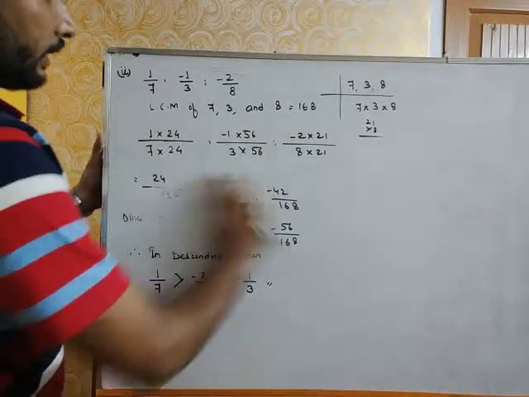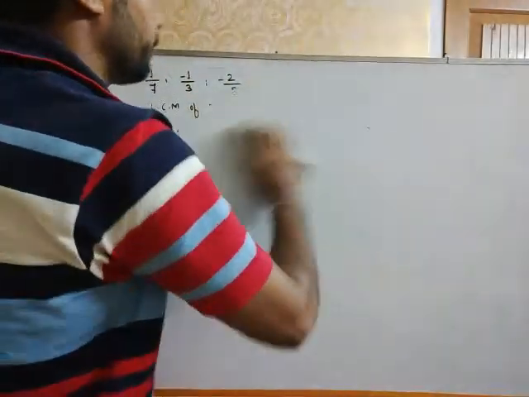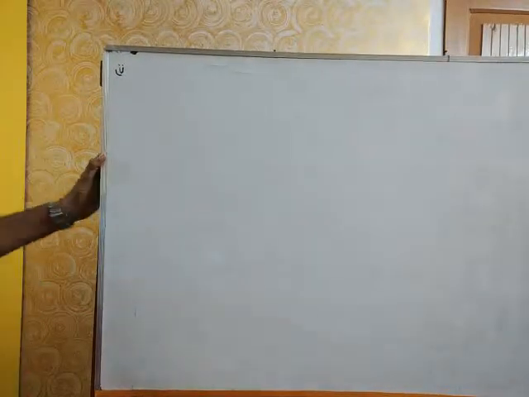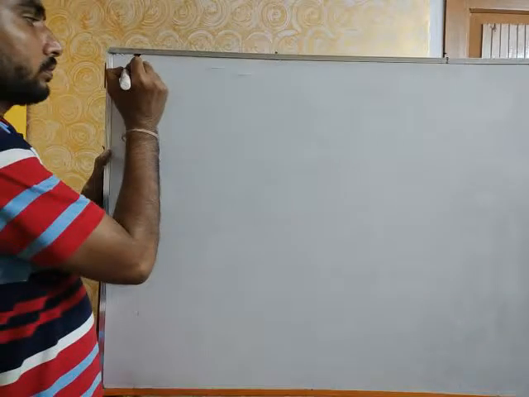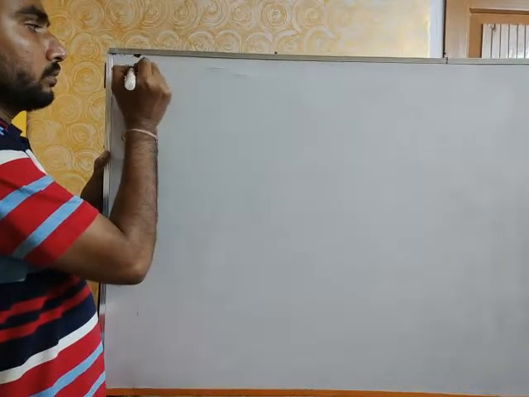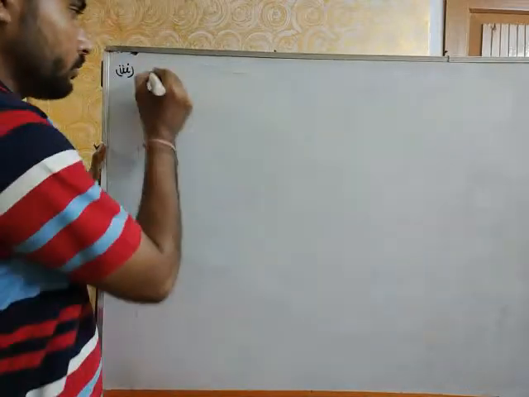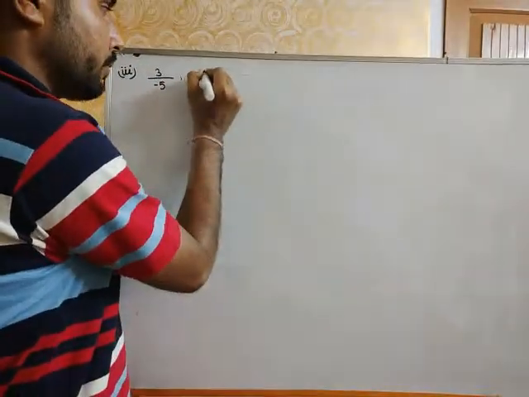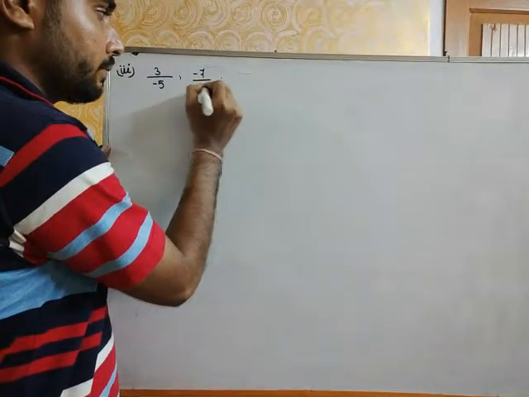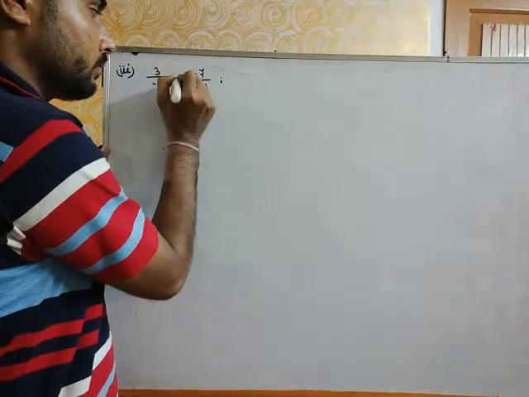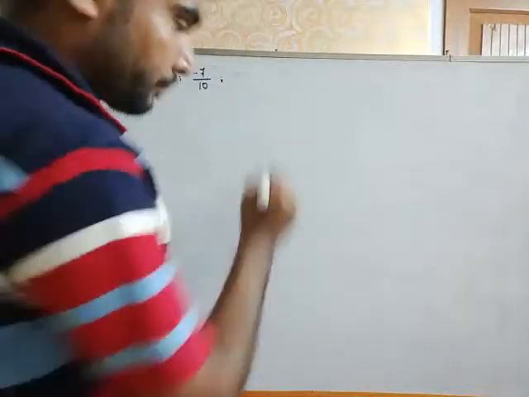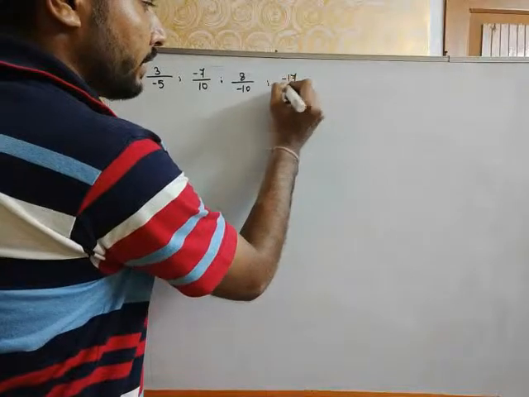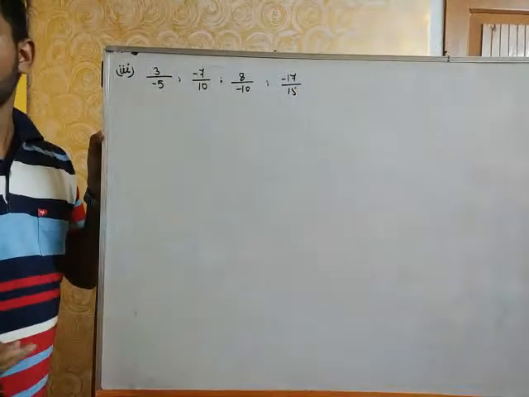Okay, let's see number 3 then. 3 by minus 5, minus 7 by 10, 8 by minus 10, and minus 17 by 15.